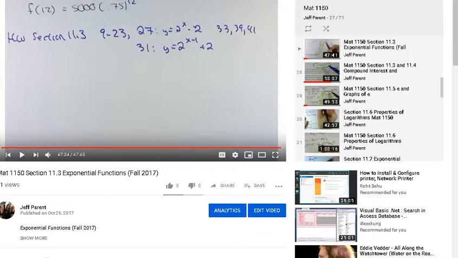So instead of having a point at 0, 1, I'm going to have a point down here at 0, negative 1. And the graph's just going to point down from there. I'm sorry if I'm making the viewer dizzy, but you're going to get something that looks like this. A mirror image just reflected down, passing through the point 0, negative 1.